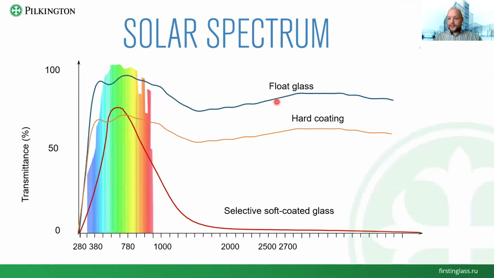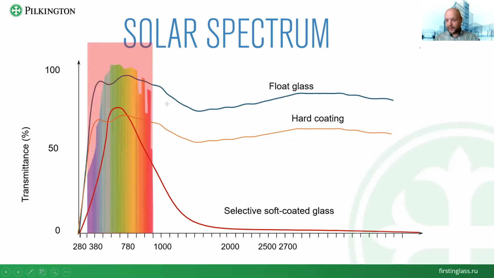In order to understand how it happens, we have to see the graph. I have already shown this graph before, but I will repeat a little bit again. At first, we have the energy with which the sun is shining on us. Out of this energy, we have a visible spectrum, this one.